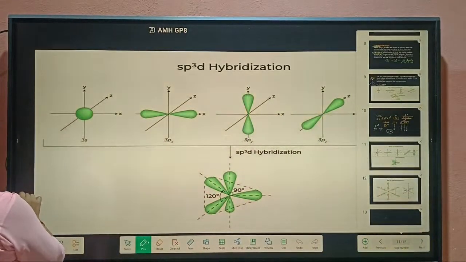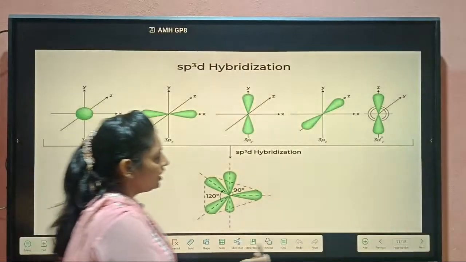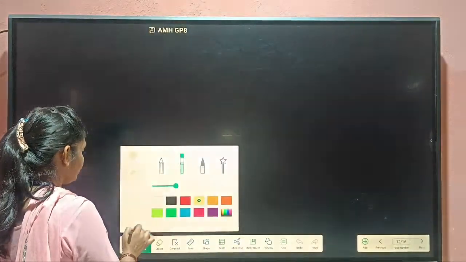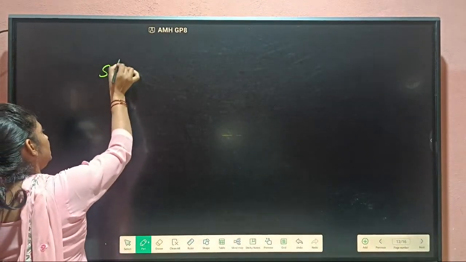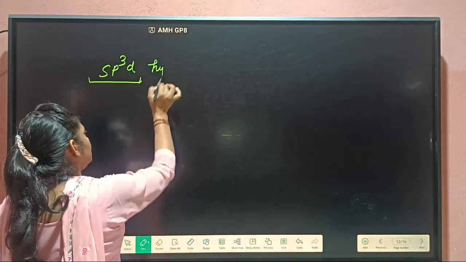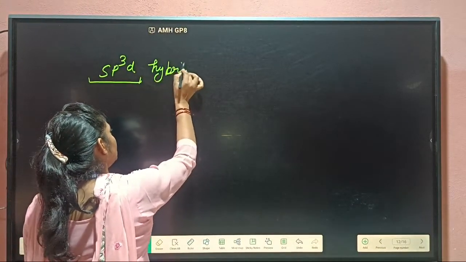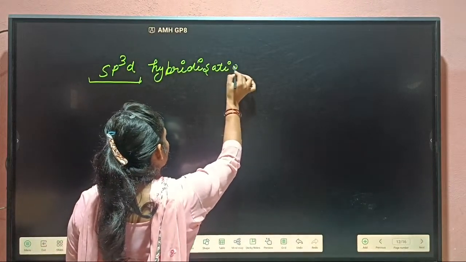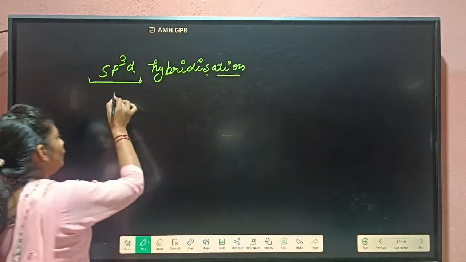sp3d hybridization. Students, what is sp3d hybridization? In sp3d hybridization, what will happen, students?